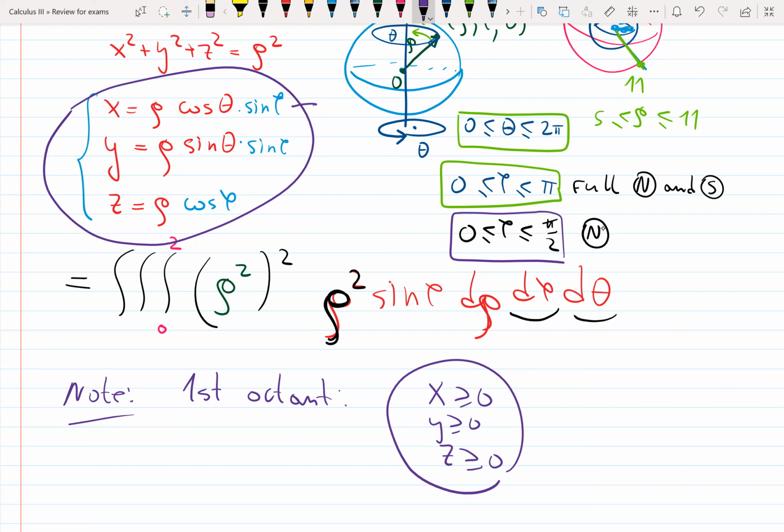Cosine will be negative here, I think. So that's why z, which goes down, should not go down. Not to go down for z, we need to restrict phi to be from 0 to pi over 2. From 0 to pi over 2, that's phi.